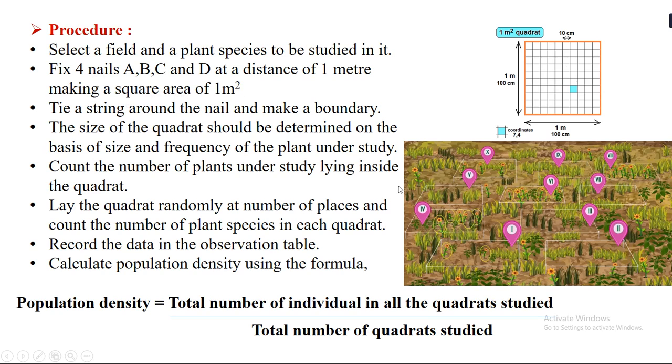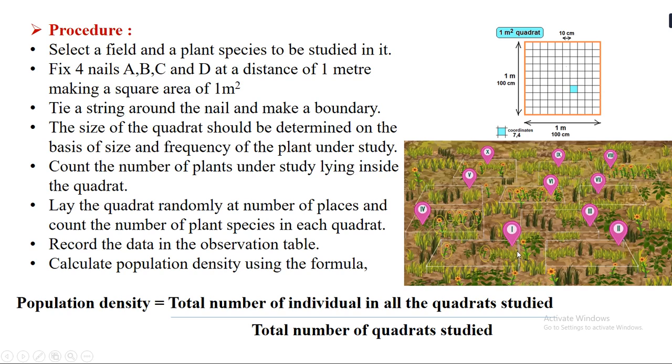If you can see in this picture, there are many quadrants. There are about 10 quadrants, and each quadrant is made by fixing these 4 nails A, B, C and D at a distance of 1 meter, making a square area of 1 meter square.